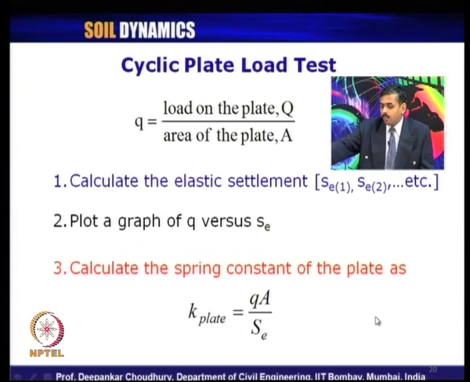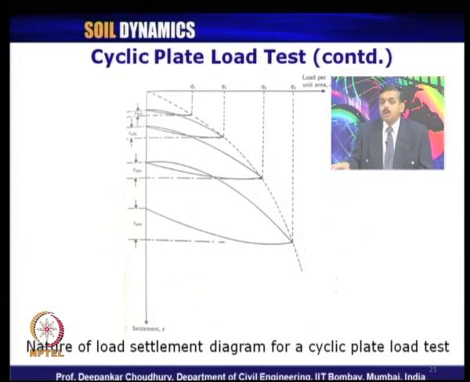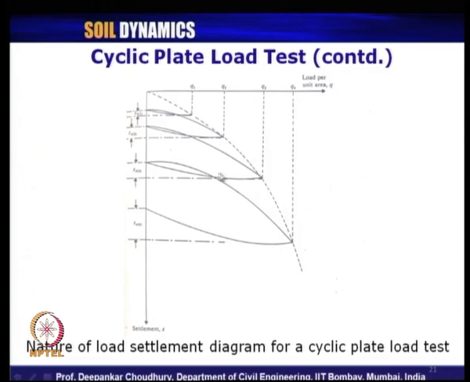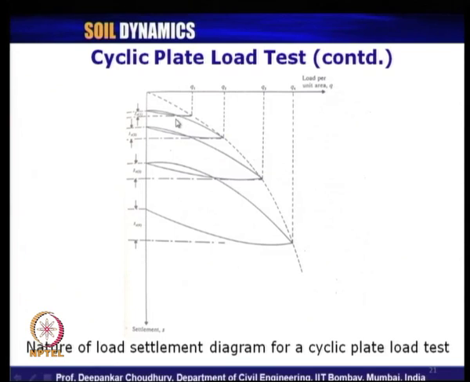I will show what we are doing in the plate load test. Through a static plate load test, which you are aware of, we can draw the distribution of load per unit area, that is small q, versus the settlement. That is, for any plate load test, we can easily draw the load settlement curve.